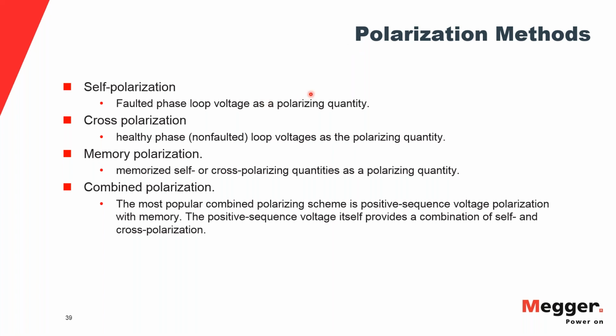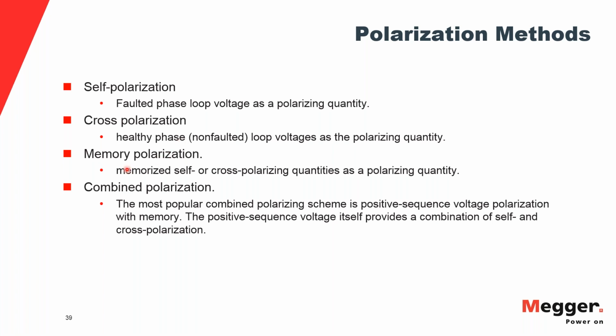Cross polarization, on the other hand, uses the voltage of one of the healthy phases as the polarizing quantity. It has to be the phase that is in quadrature with your current. It has the advantage that if it is a healthy phase, the voltage is not going to drop so dramatically.